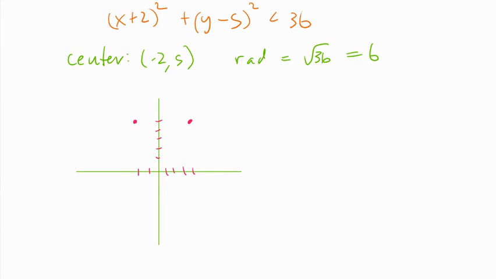So I'm going to be at 4, 5 over here, and then I'm going to be at negative 2, negative 1 here. I go back 6, which put me at negative 7, 5. And I go up 6, which is going to put me at negative 2, 11. Now remember, I'm going to have a dashed circle.